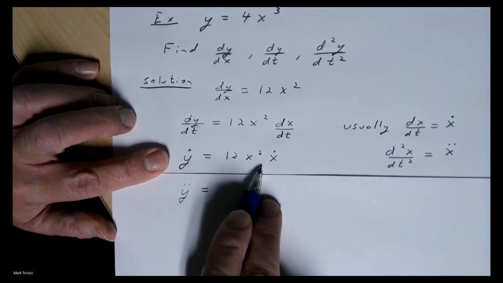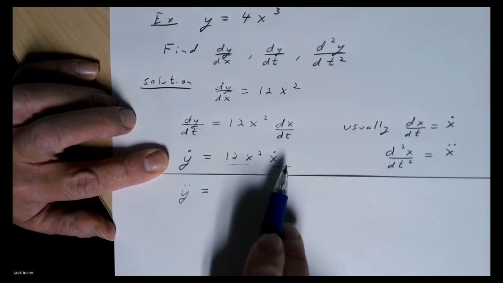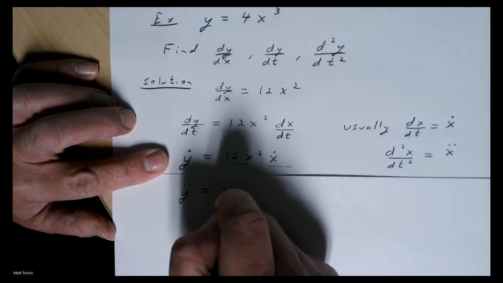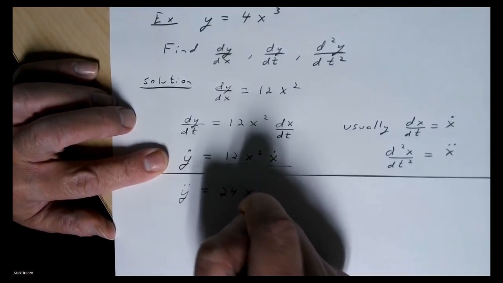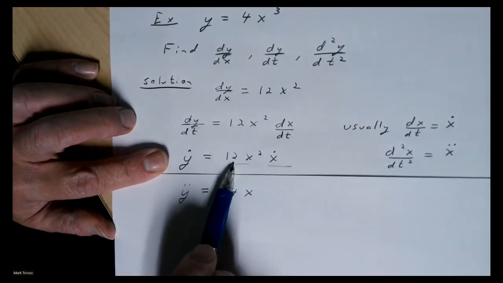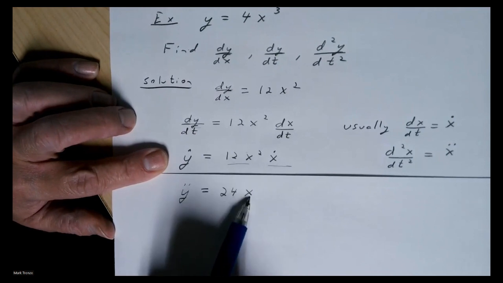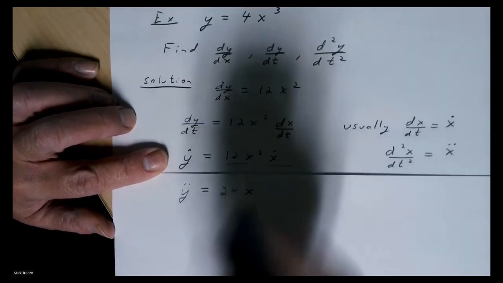And over here then, we have a product, so we'll take the derivative of the first times the second. And of course, when we take the derivative first, we're going to bring this down here, be 24x times x dot, because we don't know what that function is with respect to t.